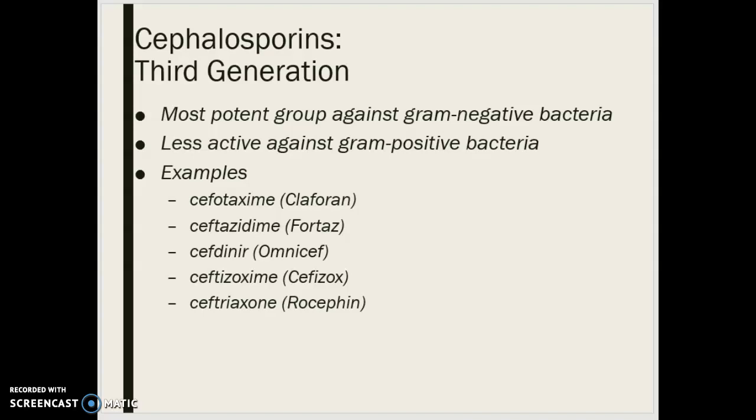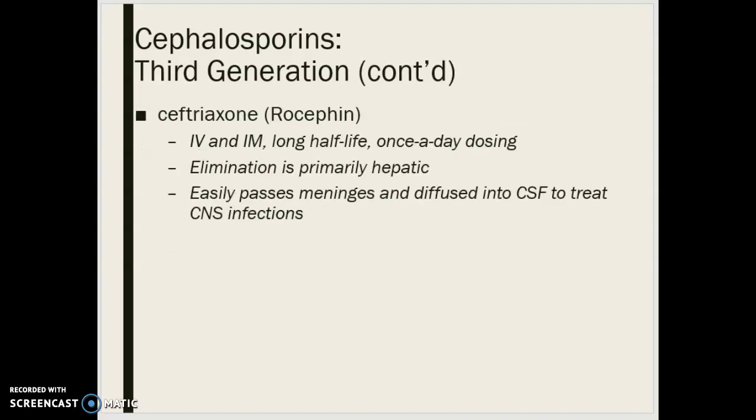You see the Rocephin used a lot as a single injection. And the reason is because of compliance. So when we can give the patient a single dose of something and it completely takes care of it, that's a good thing. Then we don't have to worry about them building a superbug because of non-compliance.